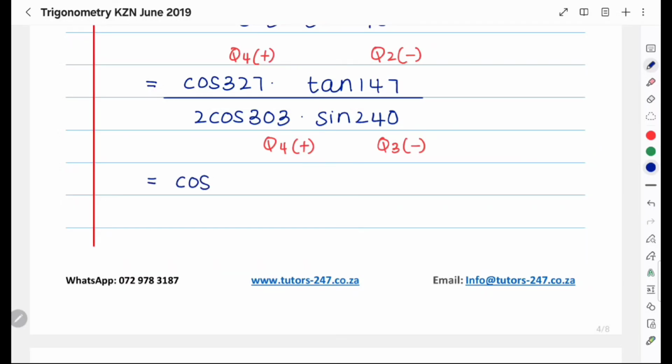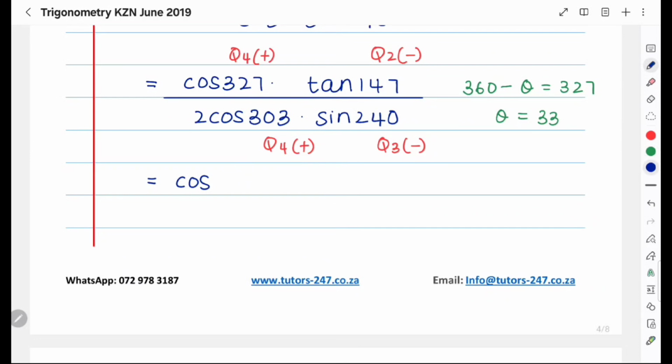Now we need to reduce the angle. So because it is the fourth quadrant, I'm going to take 360 minus theta, which is the reduction formula in the fourth quadrant, and I'll make that equal to 327, which is the angle we have been given. From here, I'm going to solve for theta, which is then going to be 33.